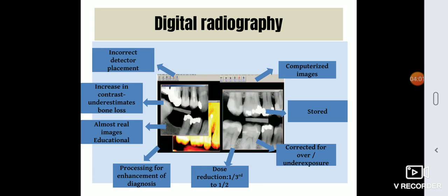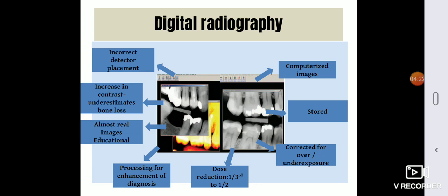And a major advantage with digital radiography is the reduction of radiation dosage compared to conventional radiography, and this comes down to about one third to half of the radiation dosage when compared to conventional radiography.